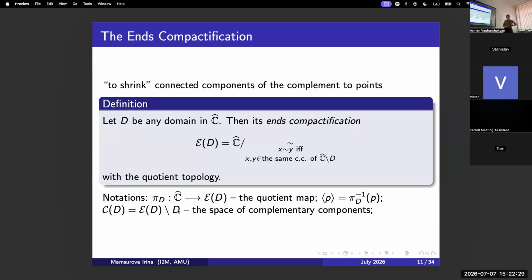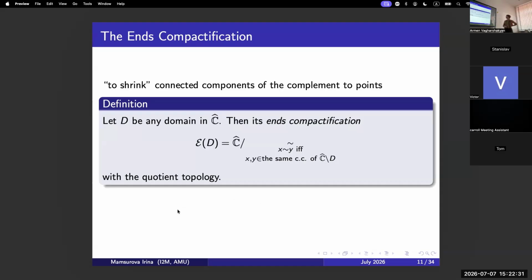Okay? Yes? What is this object, what structure does it have? Is it just a set or is it something else? It's a topological space. You don't have complex structure anymore. Is it a discrete topological set?